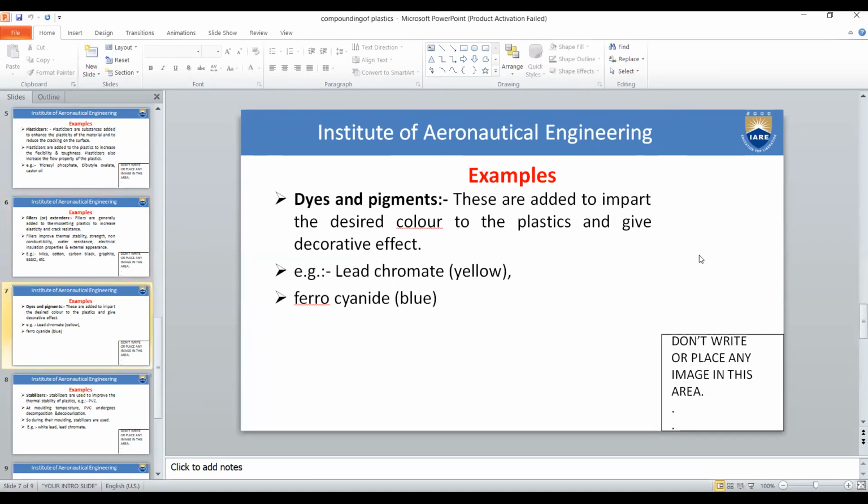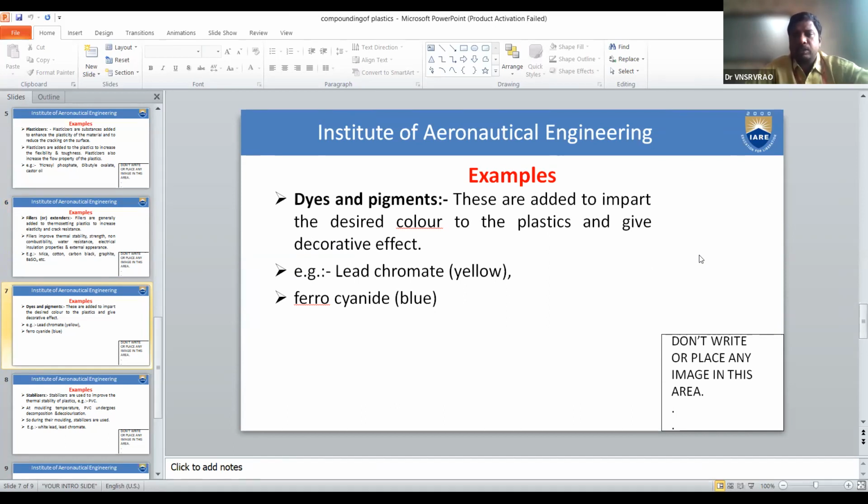The third category is dyes and pigments. From the title you understood that pigments are nothing but color producing agents. By adding pigments to plastics, they produce colors in the plastic and improve its appearance.